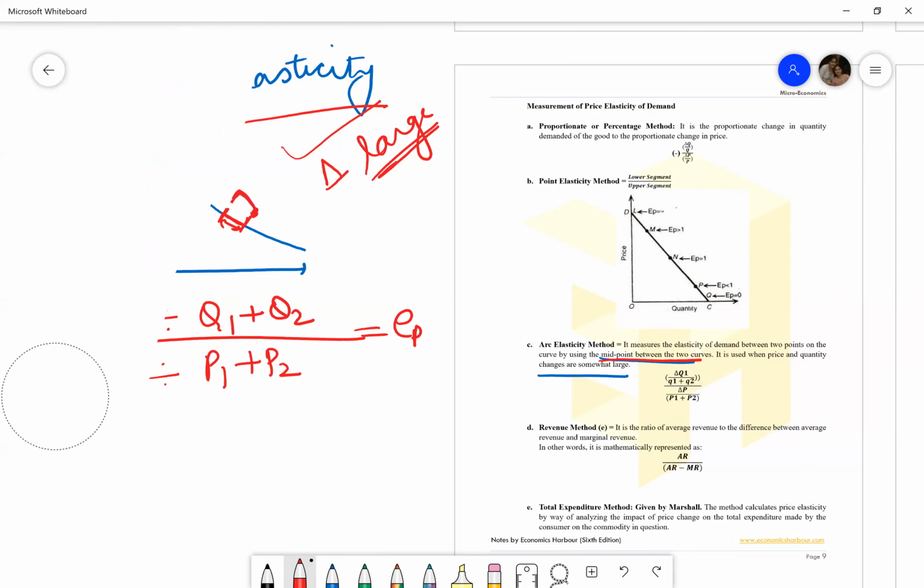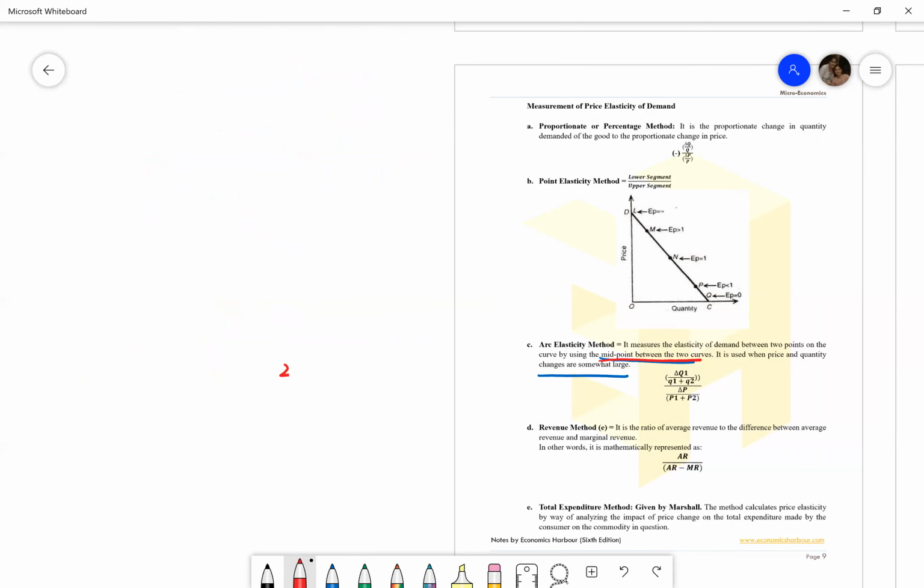The fourth method we have is the revenue method. This is usually used by the producers, and we'll use this in the theories of market structure.